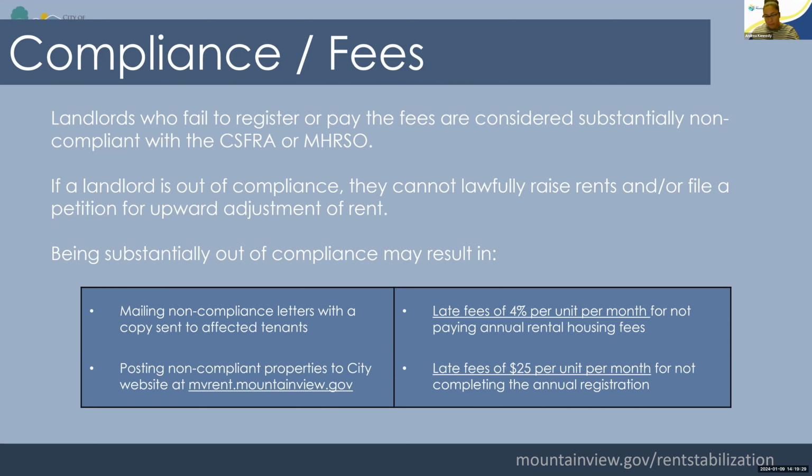Late payments for the rental housing fee result in a 4% late penalty on the amount that is unpaid. And for property registration, there is a late penalty of $25 per unit per month. These are both per month, so it can add up quickly.